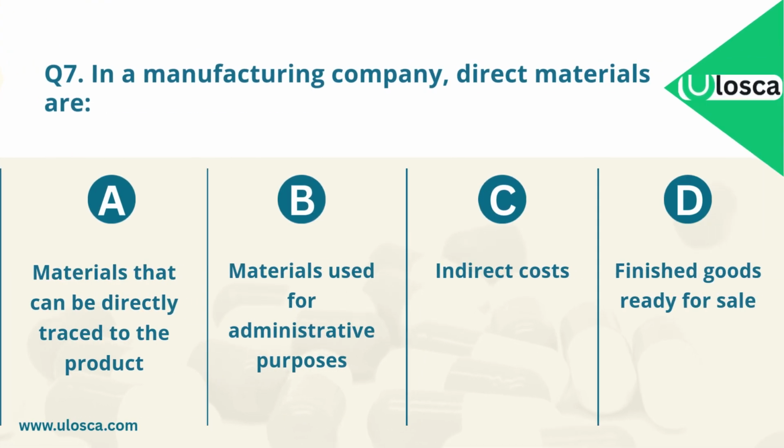Question 7. In a manufacturing company, direct materials are A. Materials that can be directly traced to the product. B. Materials used for administrative purposes. C. Indirect costs. D. Finished goods ready for sale. Which one is the correct answer?